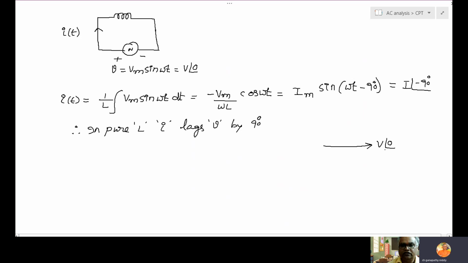Don't use vector form; better use the right word, phasor form. Then current is lagging, so lagging is negative, minus 90 degrees.